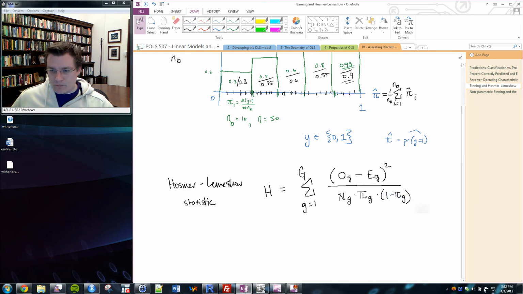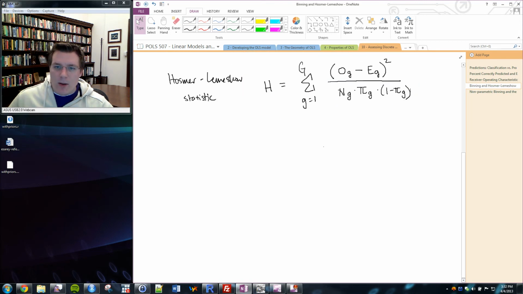So, what do each of these symbols denote? Well, G is the number of bins.